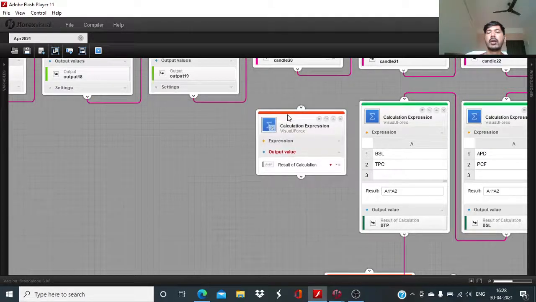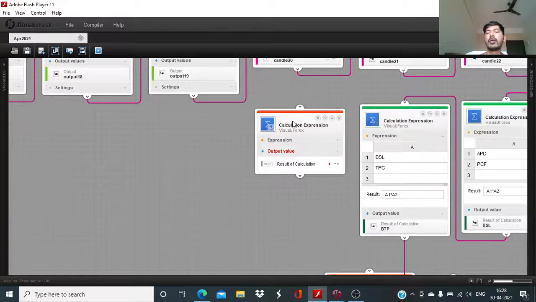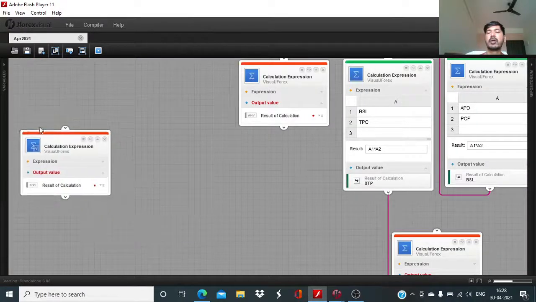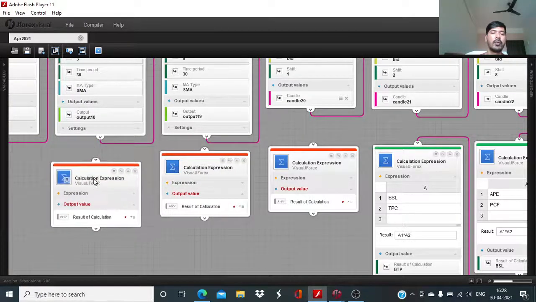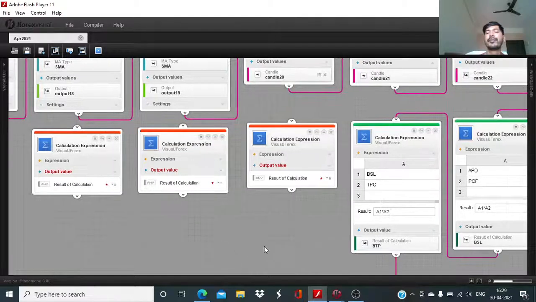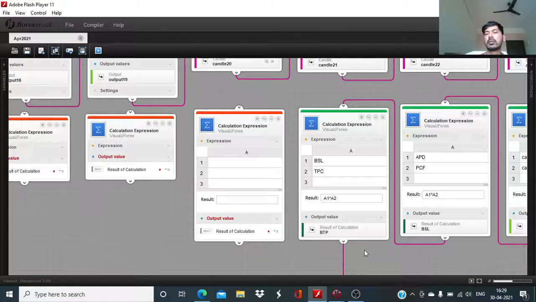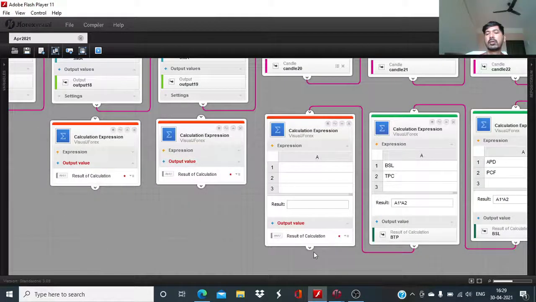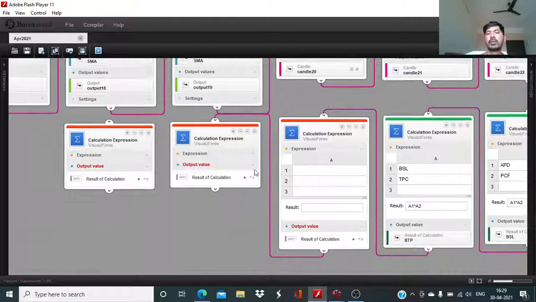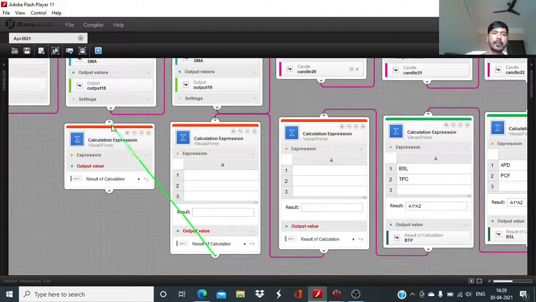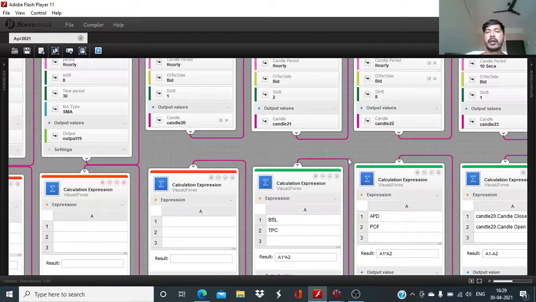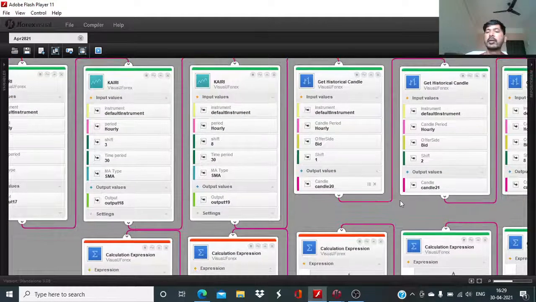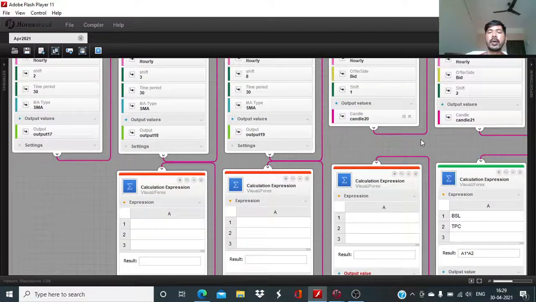For the time being, we will be more focused on figuring out the difference between the last hour's closing and opening value, and we are going to use candle 20s, candle open and candle close value.